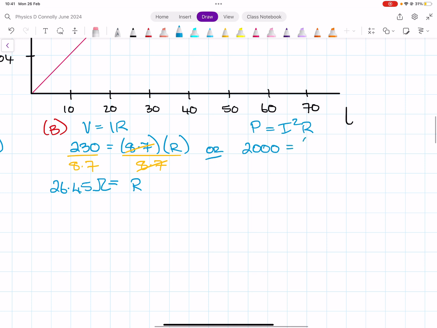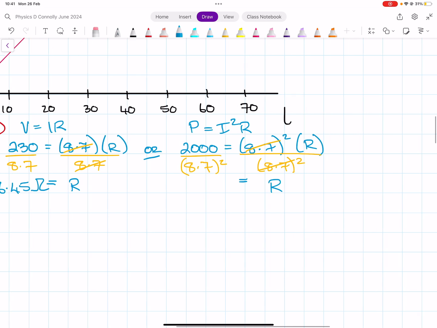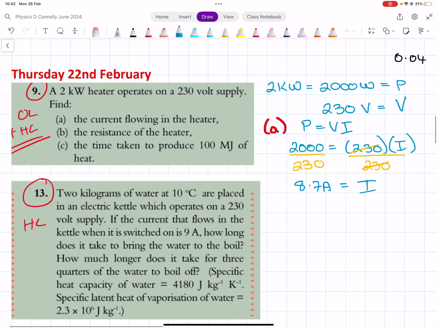So 2000 is 8.7 squared times R. So if we divide across by 8.7 squared, so that's squared, and then 2000 divided by that. Oh yeah, 26.45. So either formula will work there.